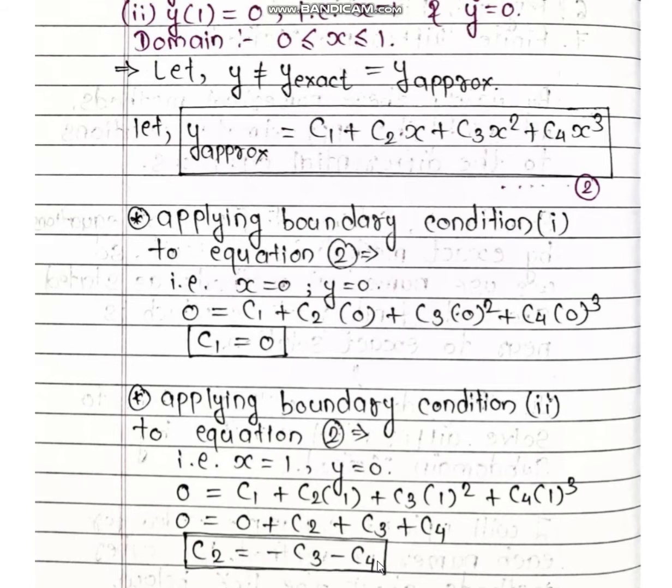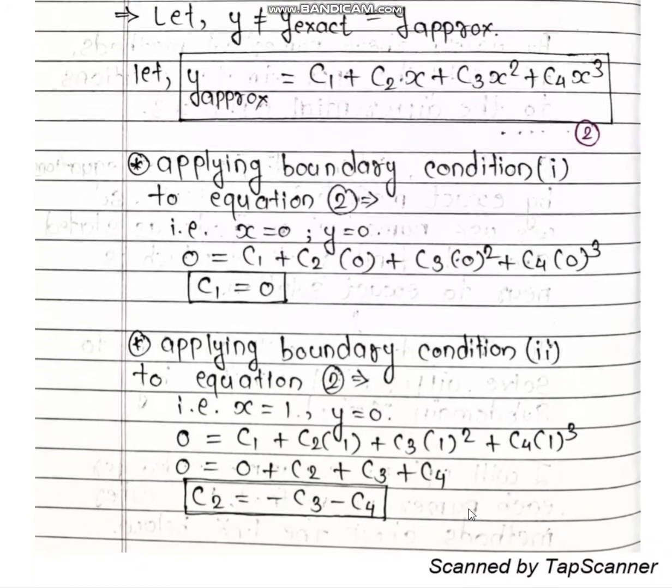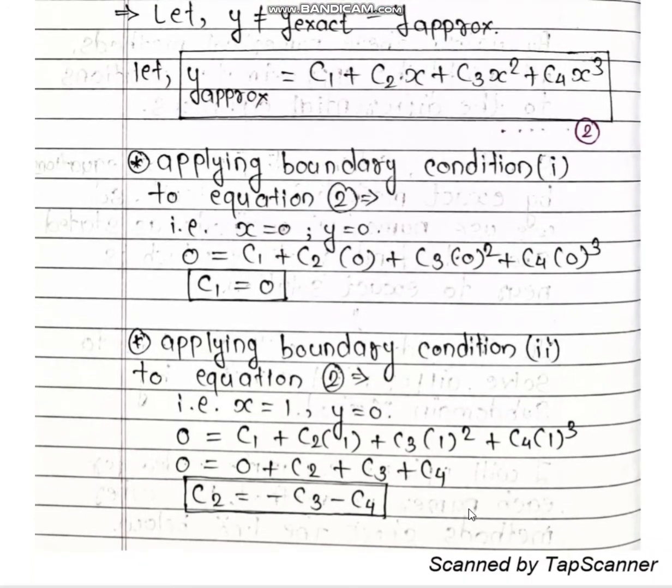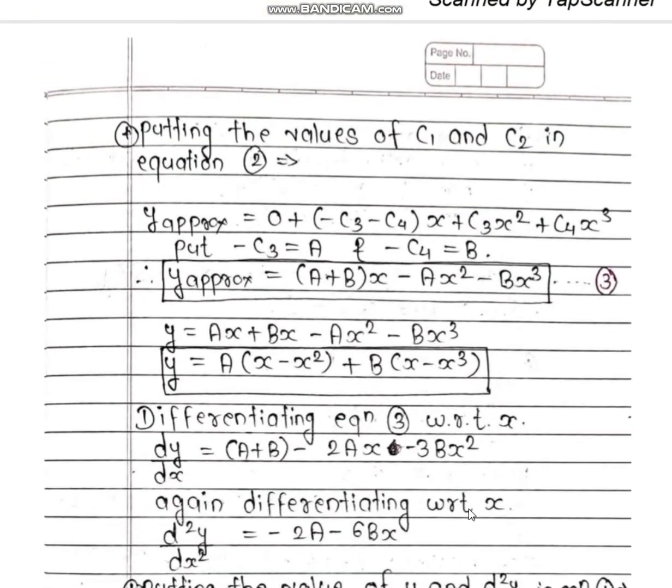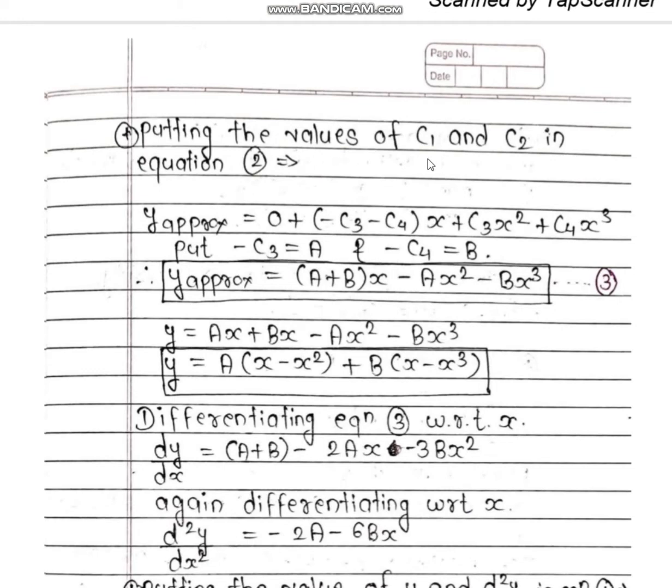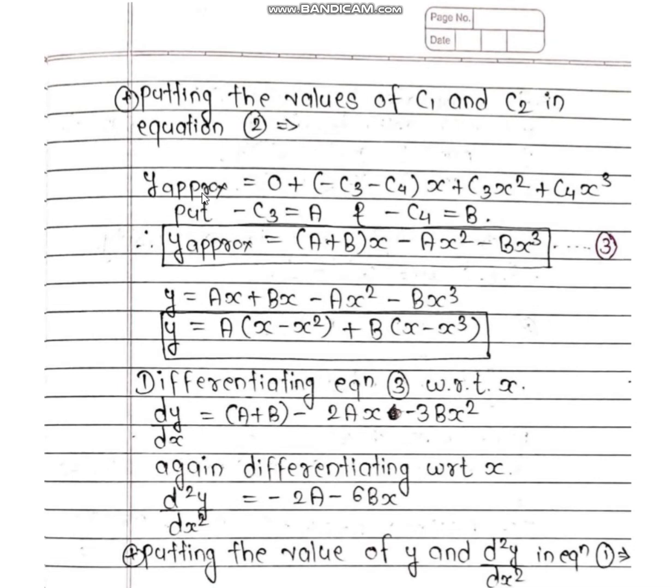The next step is to put the values of c1 and c2 in equation number 2. Let us see what happens after putting the values of c1 and c2 in equation number 2. We get the following equation: y approximate is equal to 0 plus minus c3 minus c4 times x plus c3 into x square plus c4 into x cube.